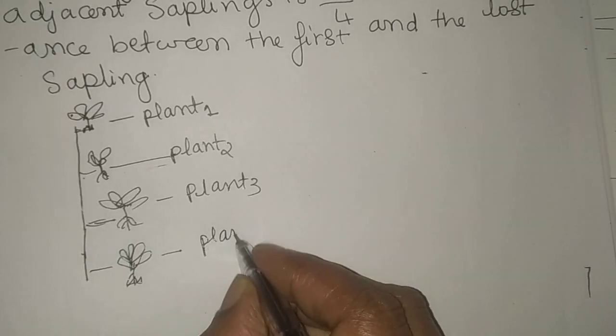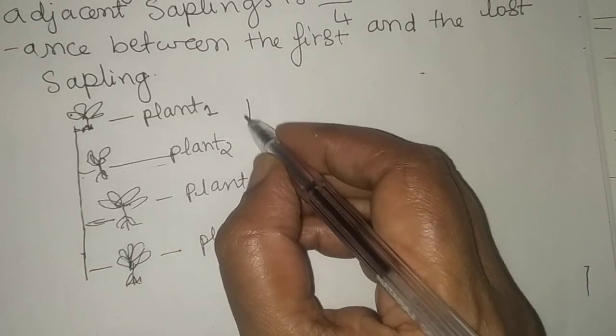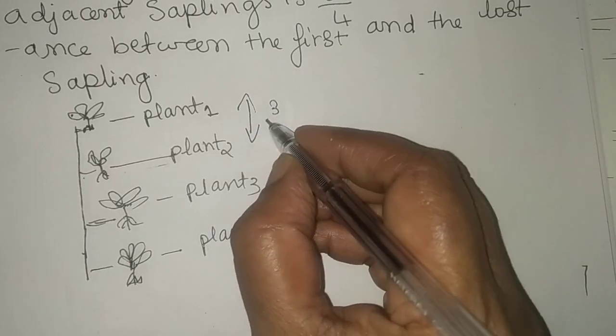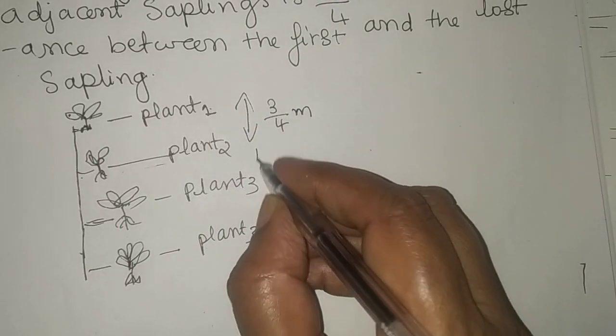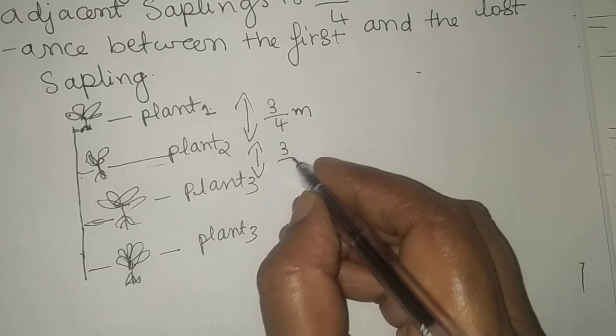Plant 4 are saplings. So the distance between these two, every adjacent means between 2, is 3 by 4 meter.